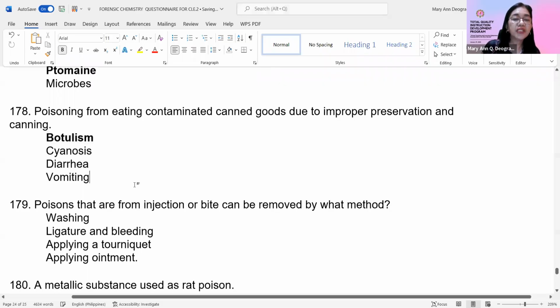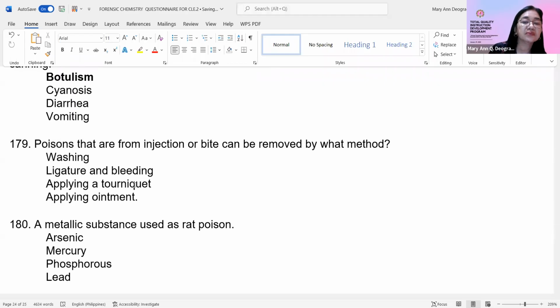Okay. Poisons that are from injection or bite can be removed by what method? Nakagat ng aso, nakagat ng ano yung first aid na ginagawa? Is it applying tourniquet?